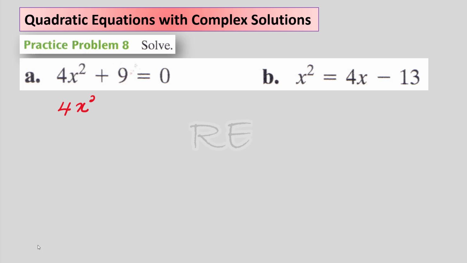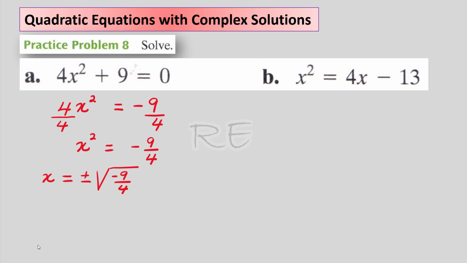4x squared plus 9 is equal to 0, which means 4x squared is equal to -9. When we divide by 4, x squared is equal to -9/4. x is equal to plus or minus the square root of -9/4, which means x is equal to plus or minus the square root of 9/4 times the square root of -1.